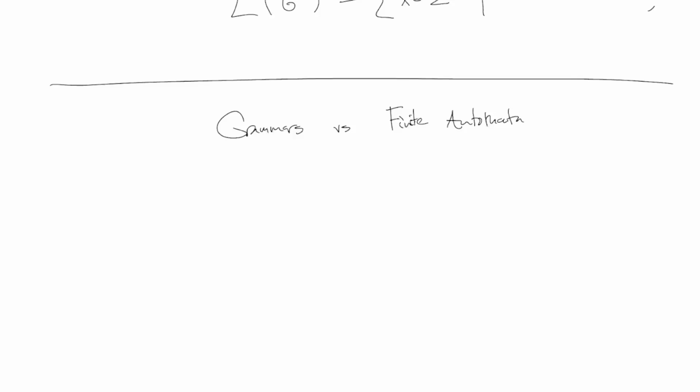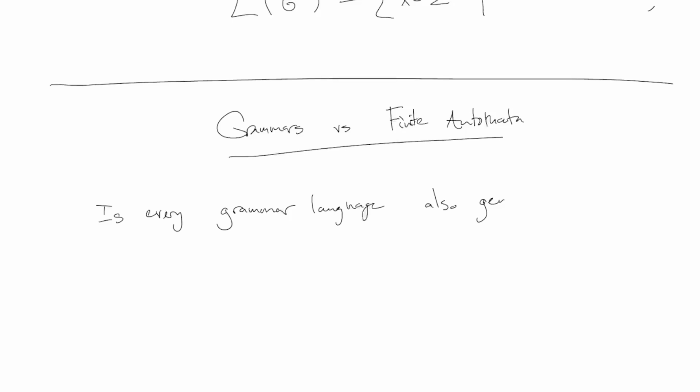As a preliminary question we could ask: is every grammar language also generated by some NFA? And the answer is no, because you can make a grammar for, say, a to the n, b to the n, but we already know that this is not regular, and so it cannot be made by any NFA.